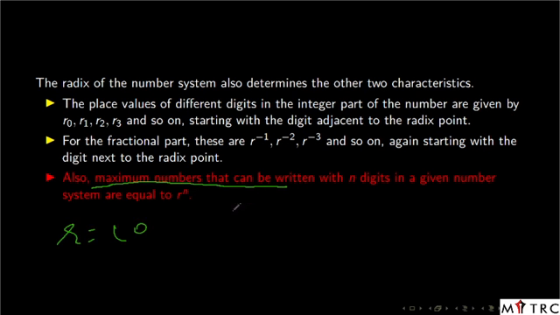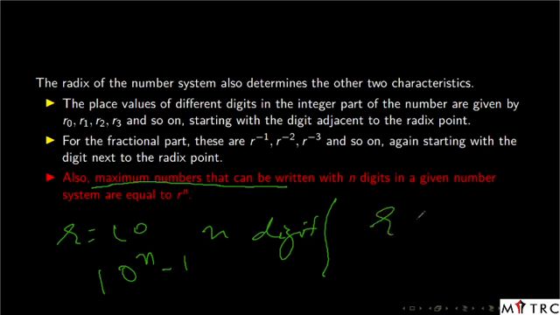So what will be the maximum number defined by n digits? It is 10 to the power n minus 1. That is the maximum number defined in a particular number system with radix R: R to the power n minus 1, where n is the number of digits used to represent the number.